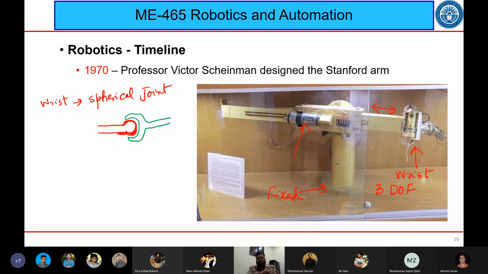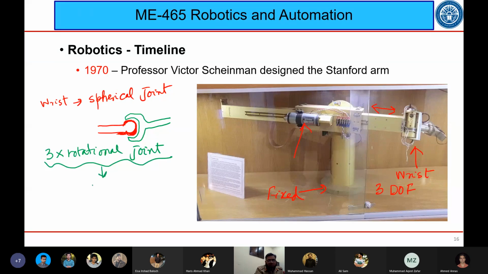So what do we do in a robot when we make a wrist? To achieve a spherical joint motion, we divide this spherical joint into 3 rotational joints. So with the help of 3 rotational joints, we make 1 spherical joint.